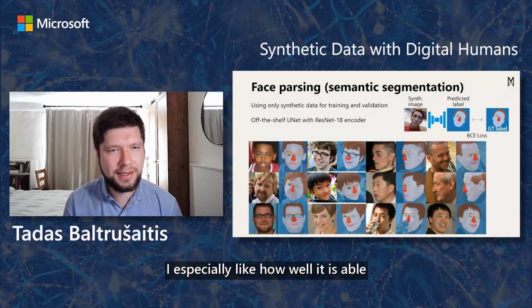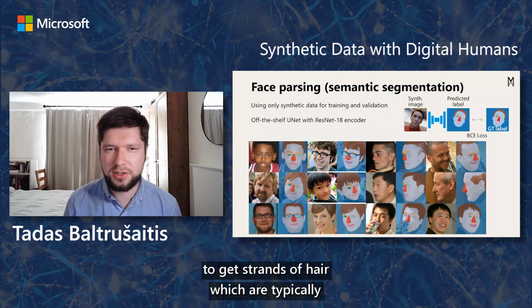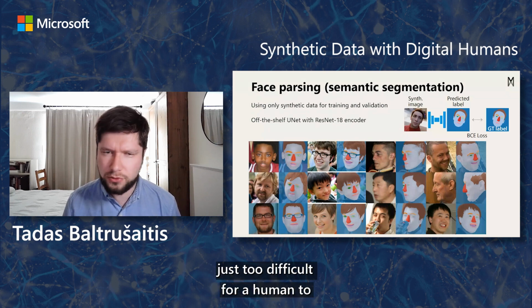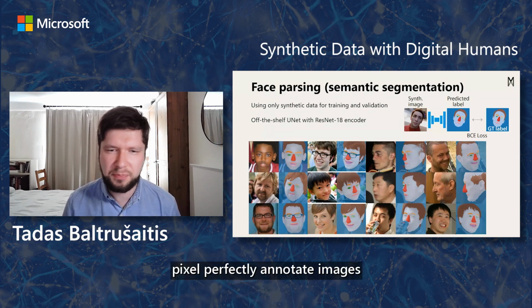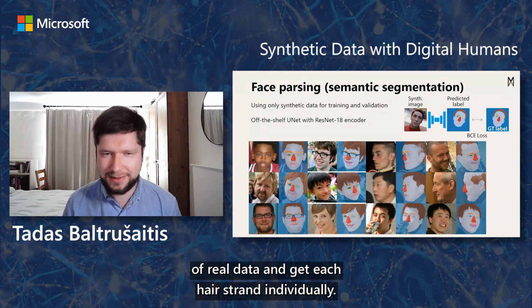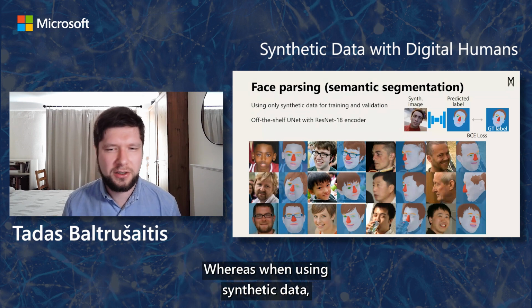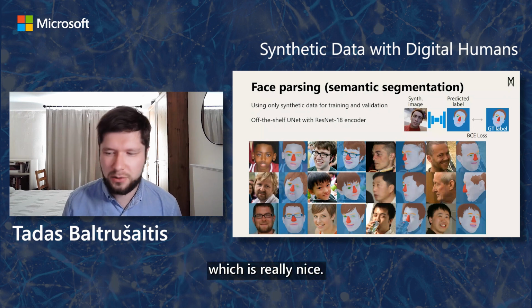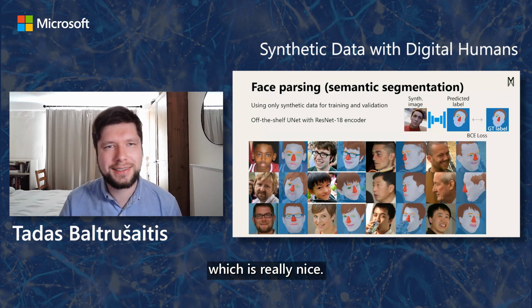I especially like how well it is able to get strands of hair, which are typically not annotated on real data because it's just too difficult for a human to pixel-perfectly annotate images of real data and get each hair strand individually. Whereas when using synthetic data, we can get that automatically, which is really nice.